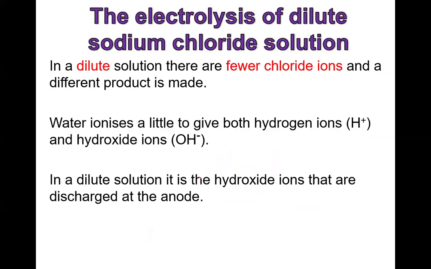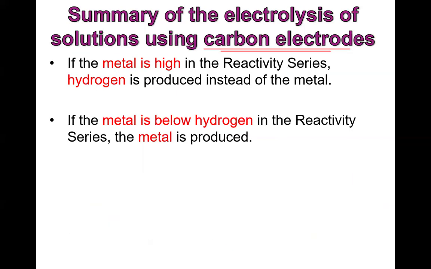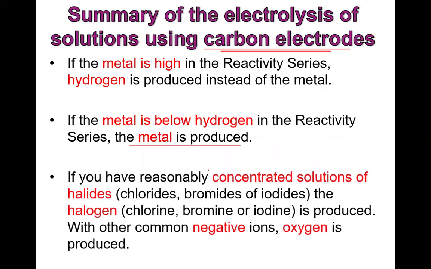Now, if the metal is below hydrogen in the reactivity series, the metal is produced, obviously. If you have a reasonably concentrated solution of halides, so chlorides, bromides, iodides, the halogen is produced. With other common negative ions, oxygen is produced. We saw that in our example of the concentrated solution of sodium chloride.